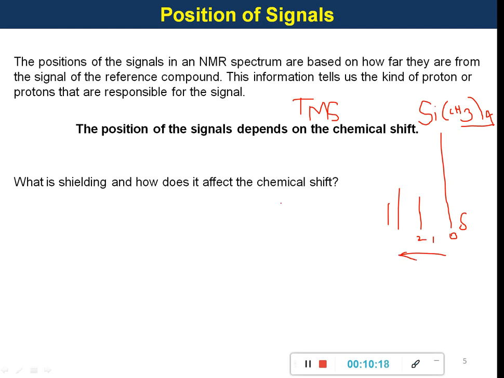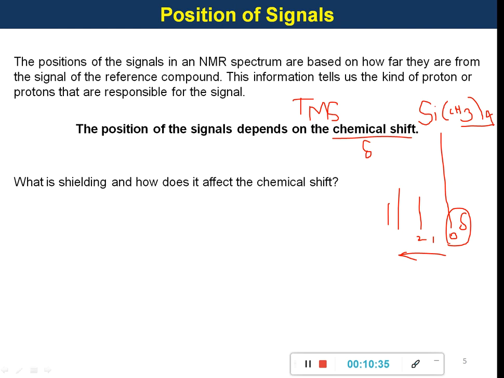So chemical shift is a measure of how far the signal produced from the proton is from the reference compound signal, and is usually measured in terms of the delta scale.